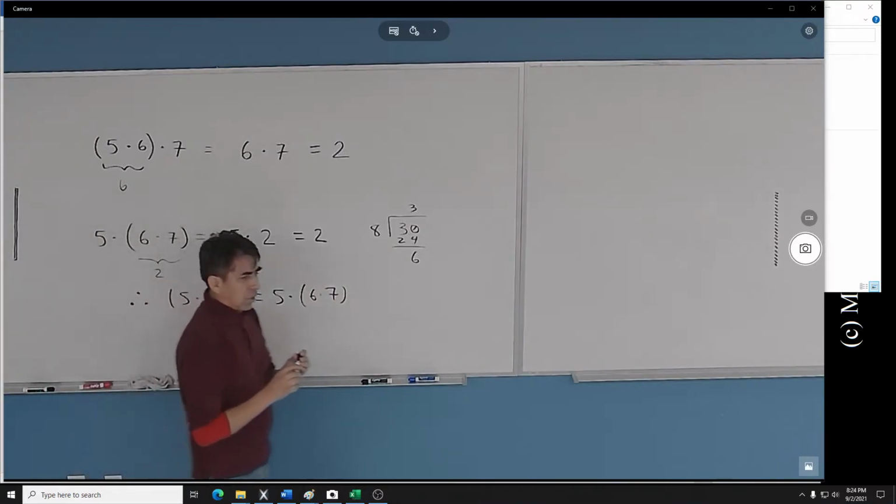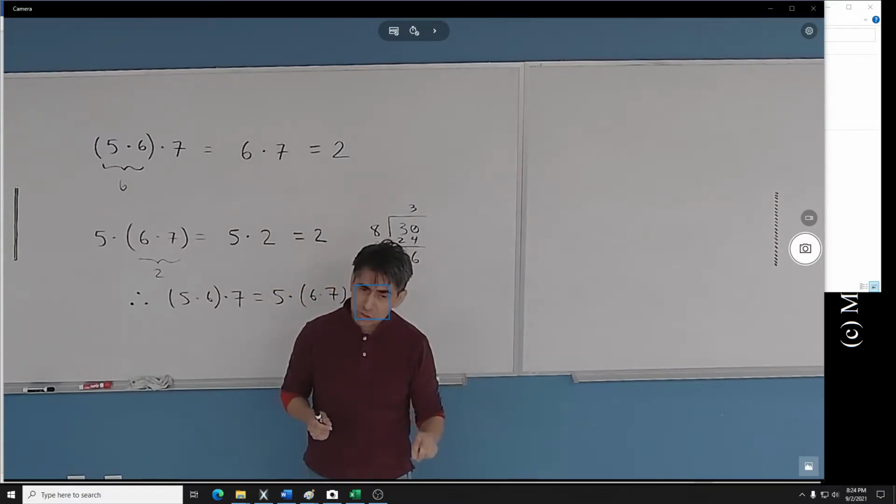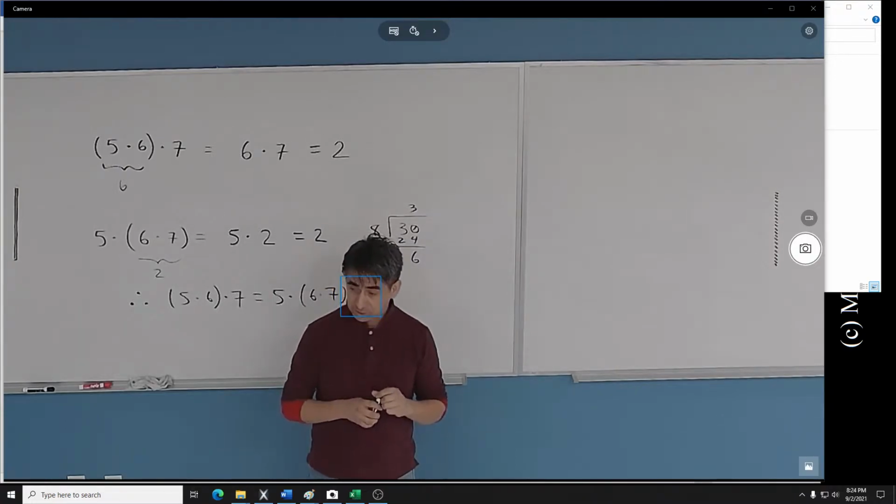Now, we want to prove this in general. The structure Zn together with multiplication modulo n is associative.